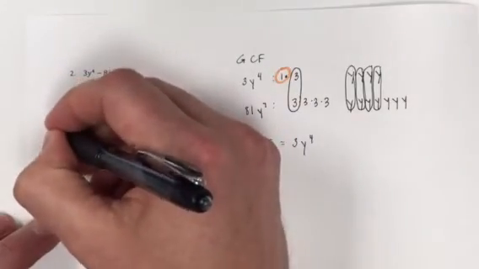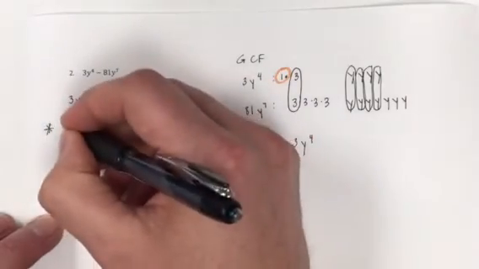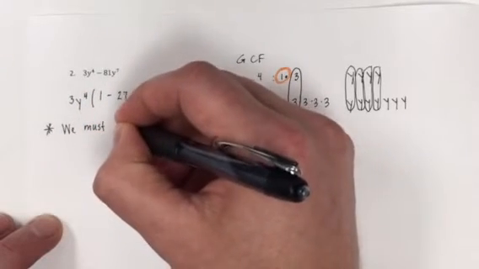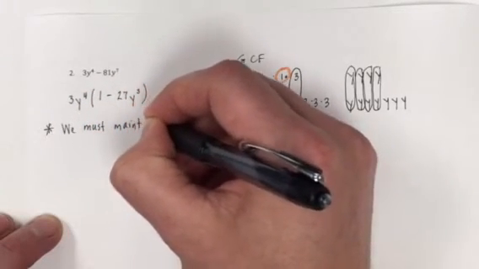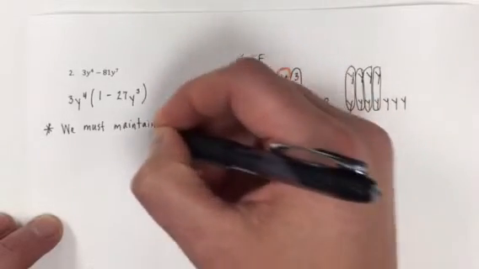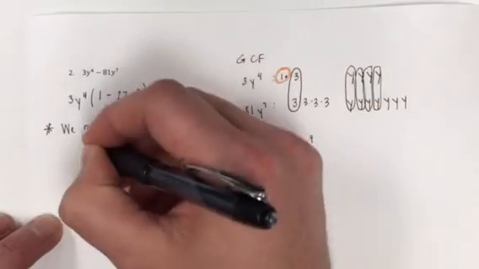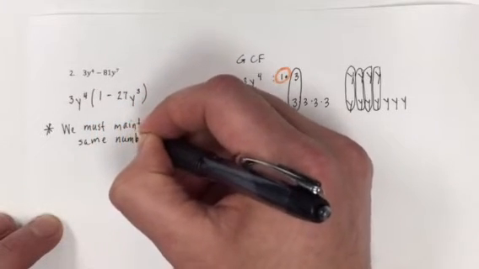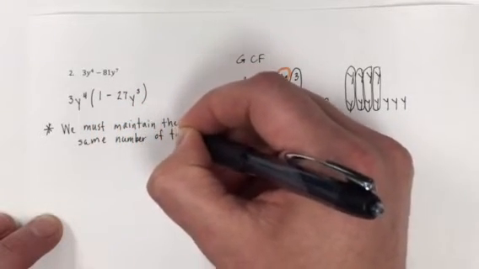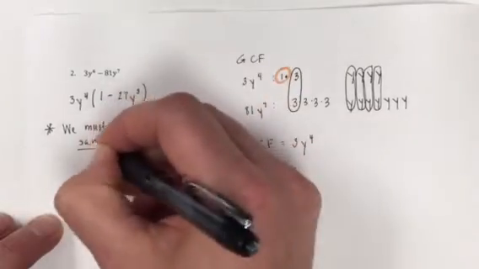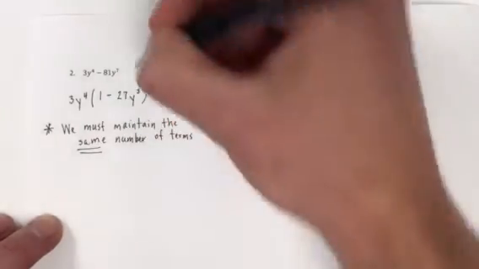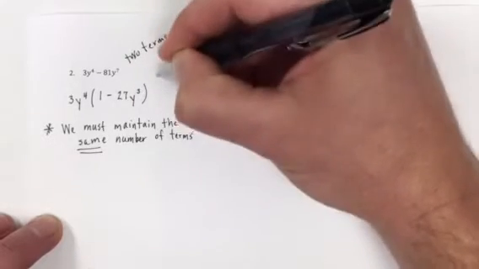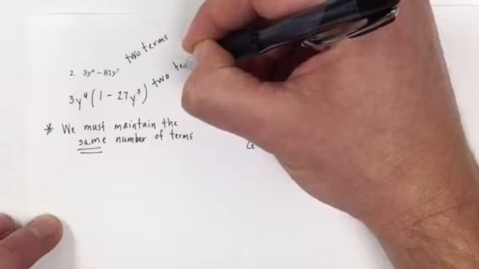And what I'd like you guys to remember in STAR is that we must maintain the same number of terms. So I started with 2 terms, and I must end with 2 terms.